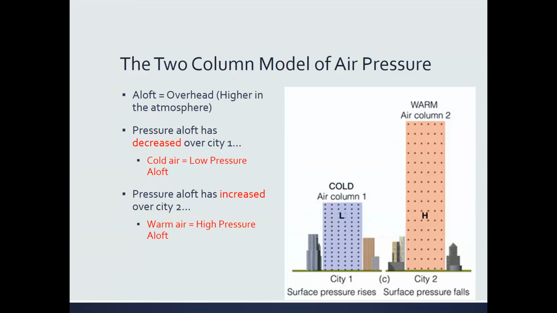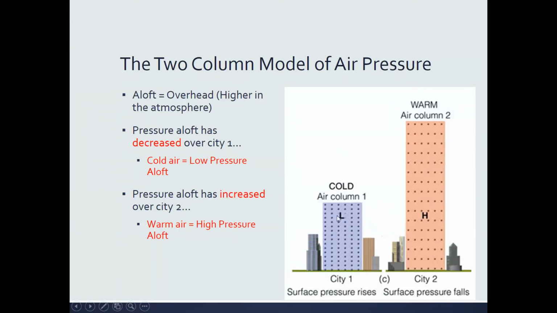Now, the surface pressure hasn't quite changed yet. We're going to talk about what happens there in a moment. So, we have low pressure aloft over column 1, high pressure aloft over column 2.